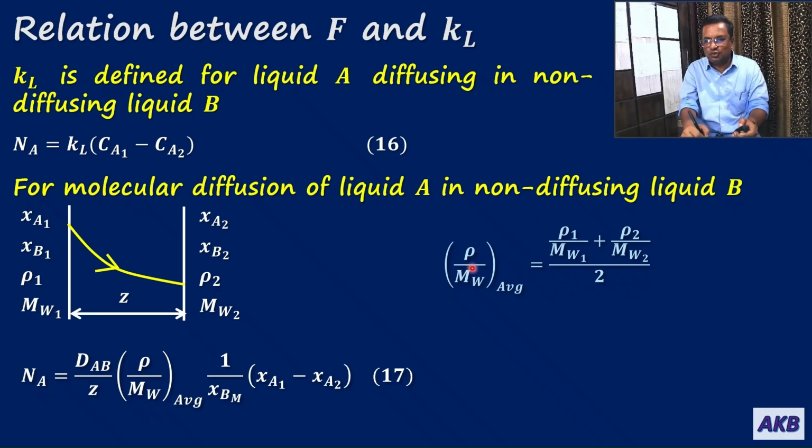So that's why you have rho upon MW average, which is the average of the ratio at the two planes. And XBM in this case is XB2 minus XB1 upon ln of XB2 by XB1, which is the logarithmic average of XB1 and XB2. Let us continue with this.